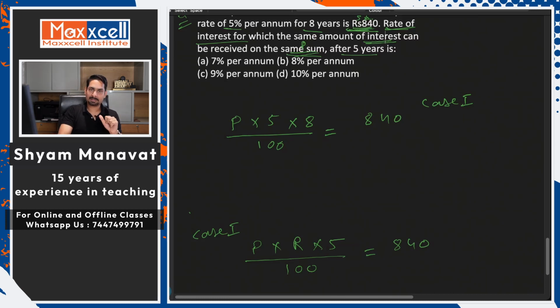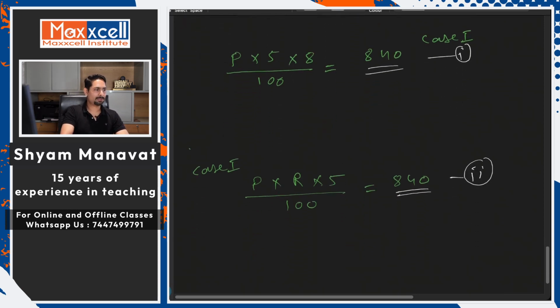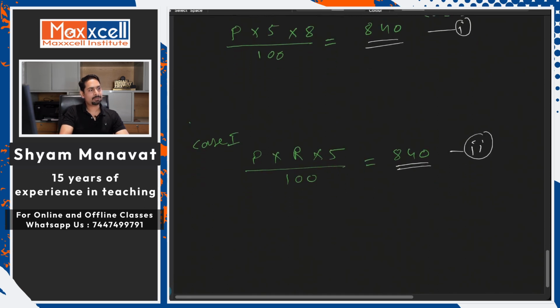I hope this is clear to you. If this is equation number 1 and equation number 2, in both equations the right hand side is equal. So the left hand side should also be equal.